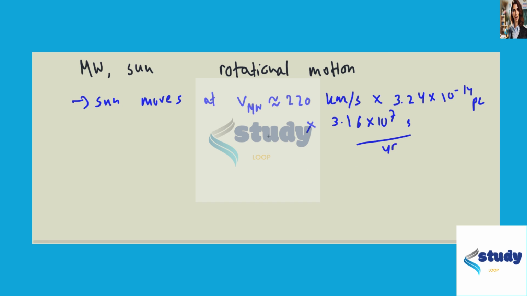All right, so now we have something in units of parsecs per second, or I should say parsecs per year. So this is roughly 2.25 times 10 to the minus 4 parsecs per year. That's the velocity of the sun relative to the Milky Way.